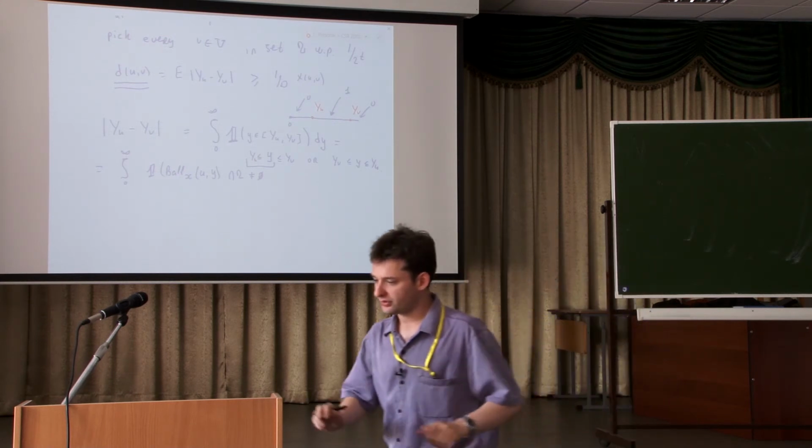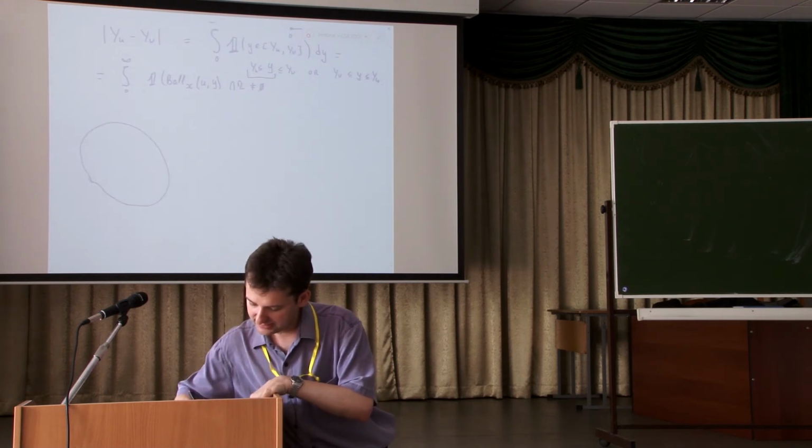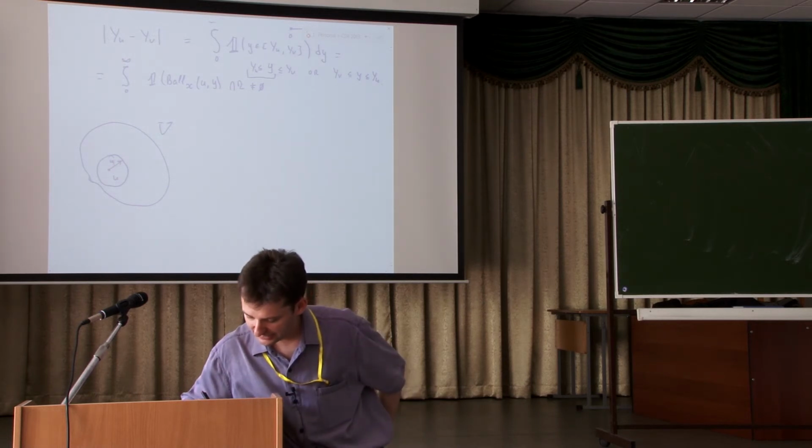So here is the picture. We have this graph V again, and a vertex u. Here is a ball in this metric space of radius y.